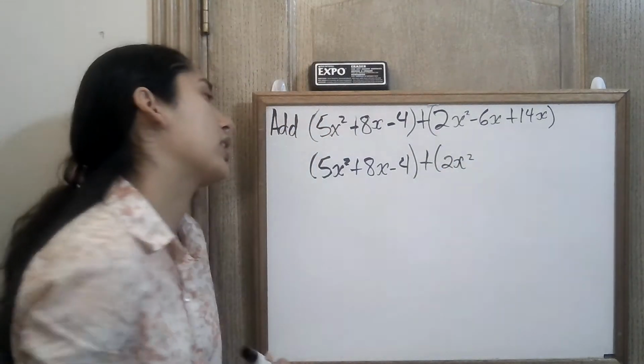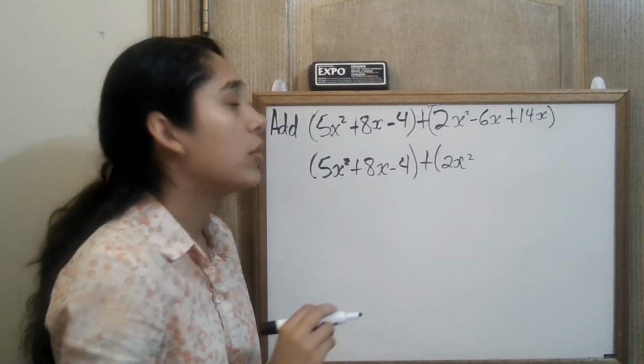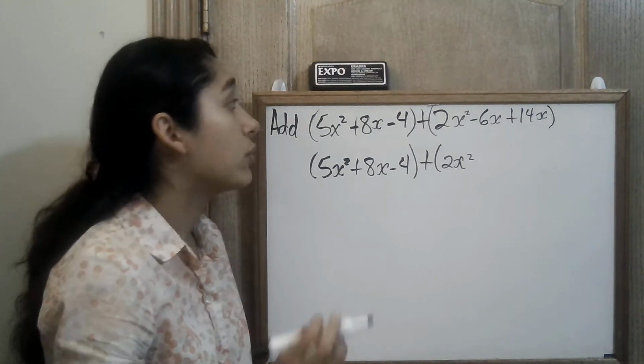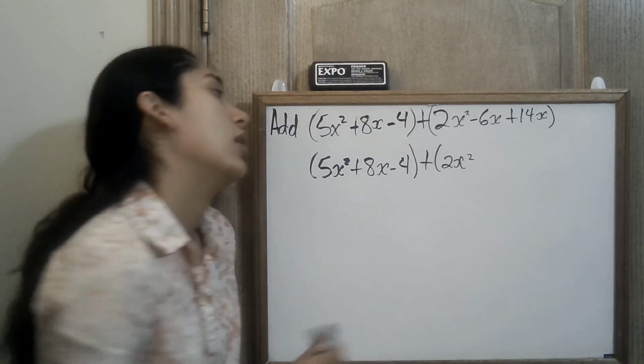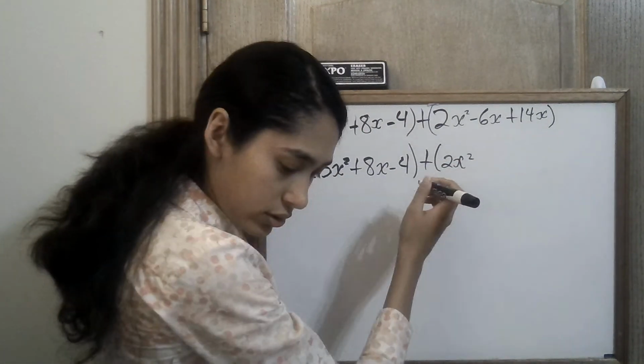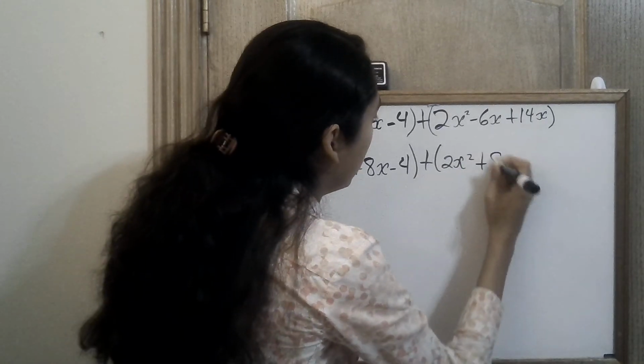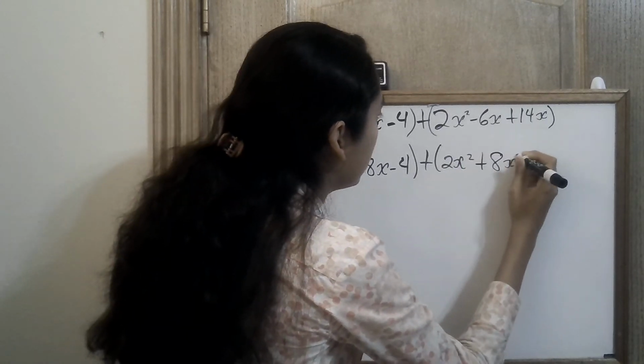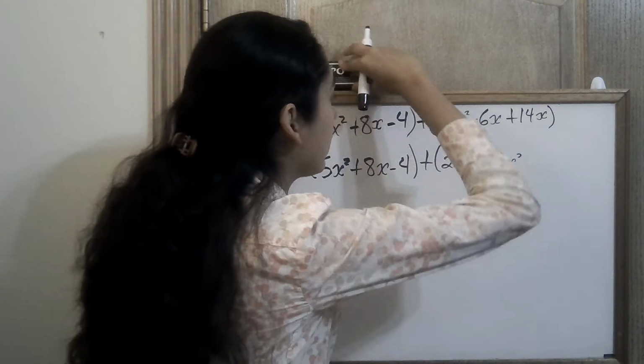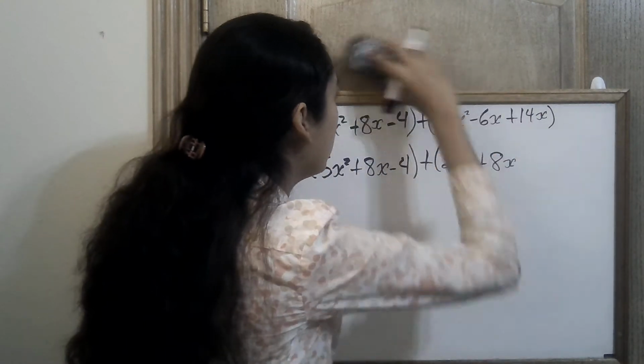Now here's where we're going to combine. We're going to have negative 6x plus 14x. That will leave us with plus 8x. And that's just x to the power of 1.